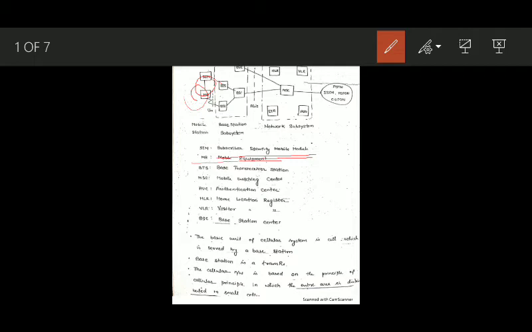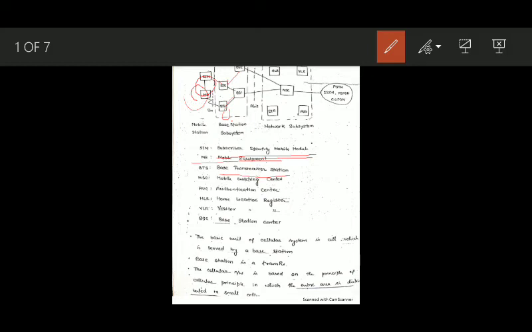From the mobile equipment to the BTS, the base transceiver station. This is BTS, the base transceiver station. BTS is present here.